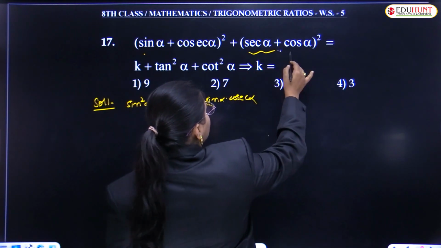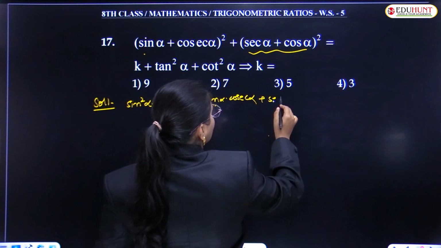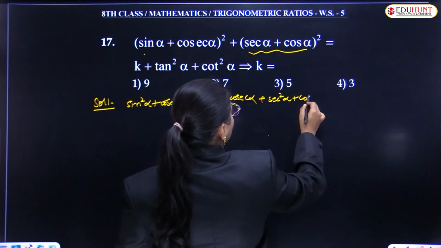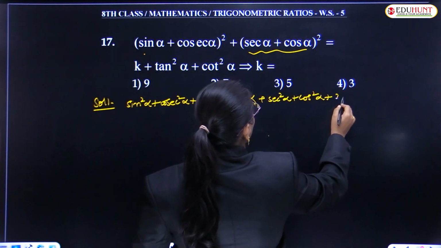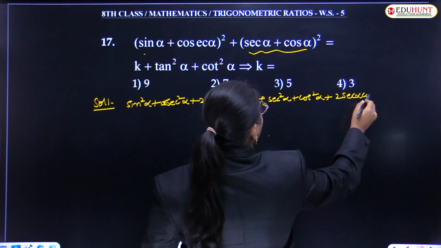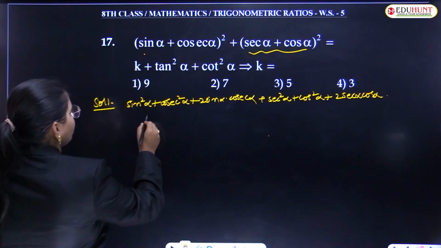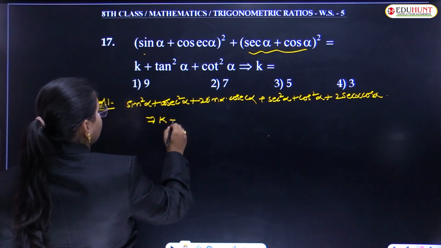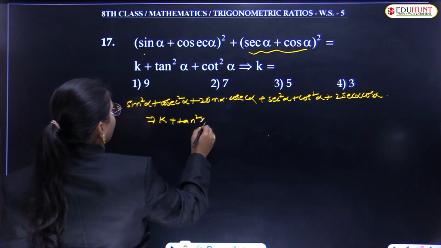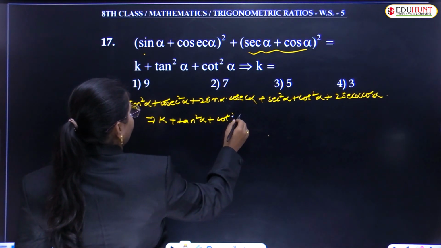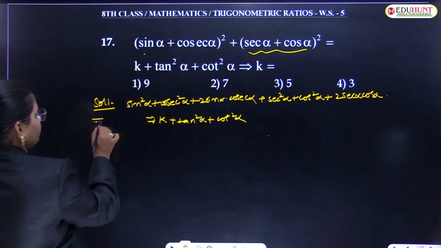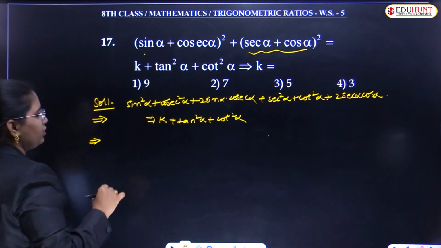Here this also will expand: secant square alpha plus cos square alpha plus 2 secant alpha cos alpha, is equal to k plus tan square alpha plus cot square alpha. The first step is done, right? So we'll get back to the next step.